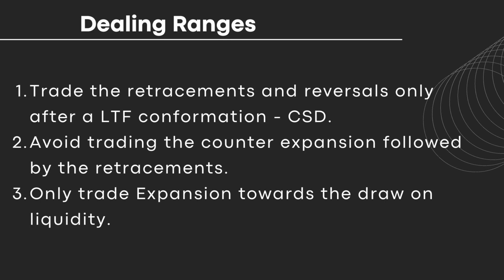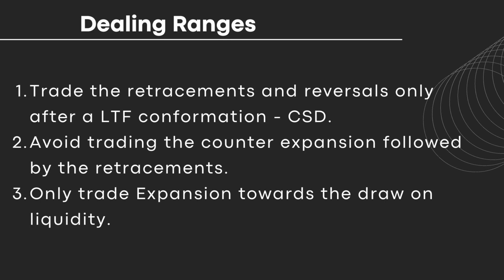Now, the second point is that you should avoid trading the counter expansions followed by the retracement. For example, if we are in a bullish dealing range and we react to a premium key level and have a retracement, we know that the most likely scenario for price is another expansion lower towards a discount key level before moving higher.